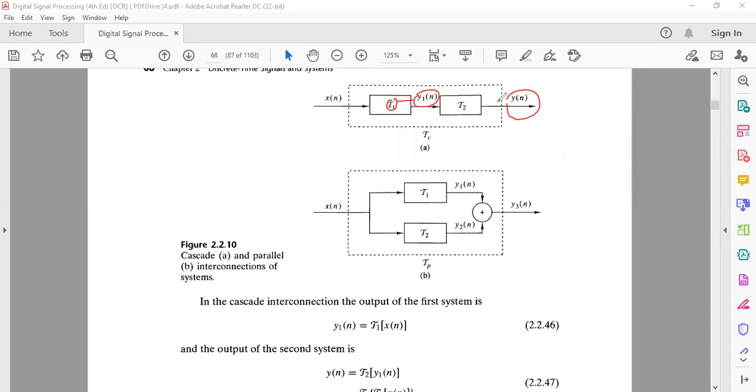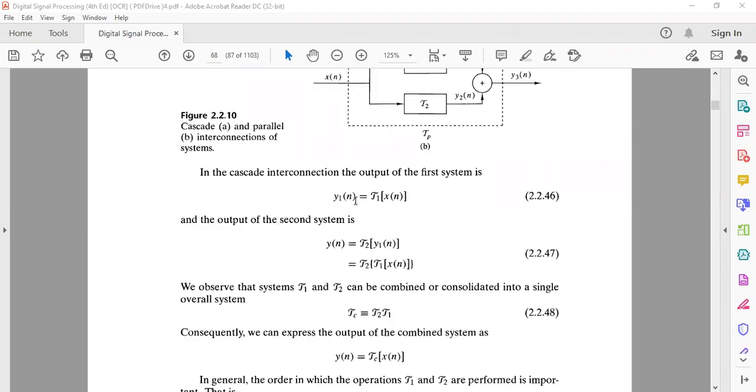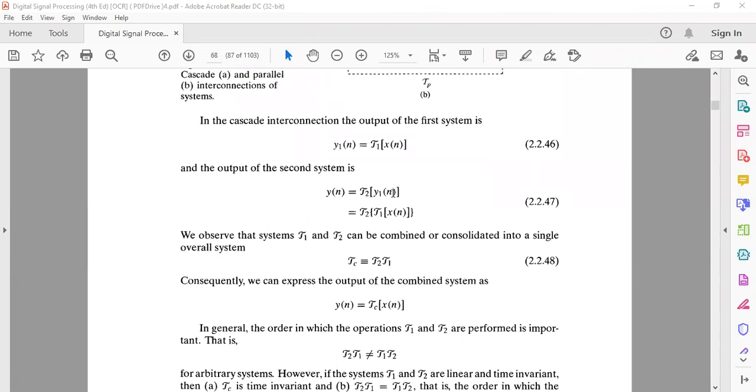Y2 will be a product of both T1 and T2, so the output of the second system is T2 of y1, which is T2 of T1 of x(n).